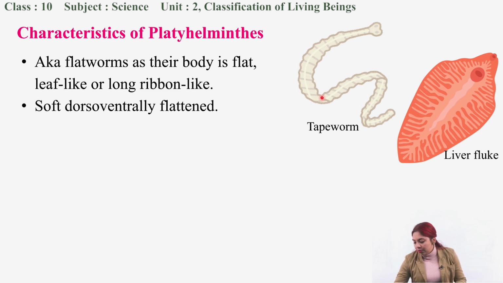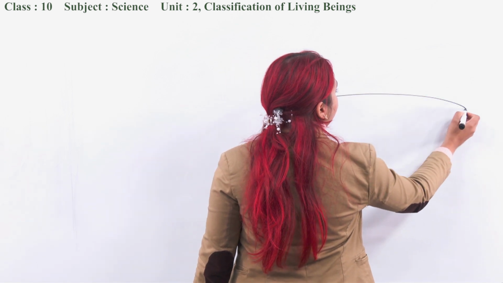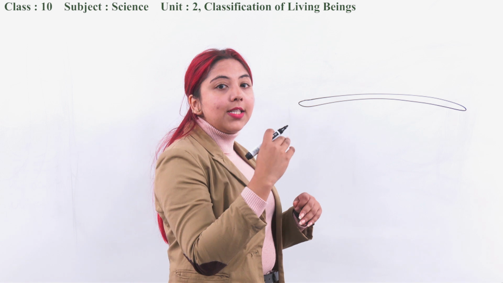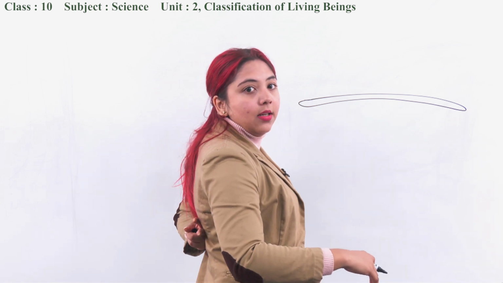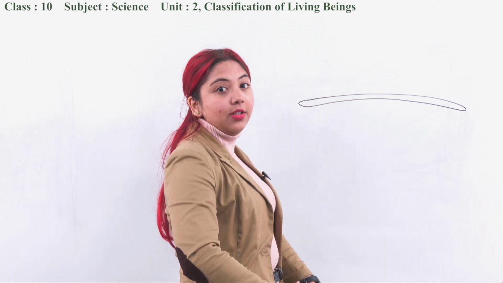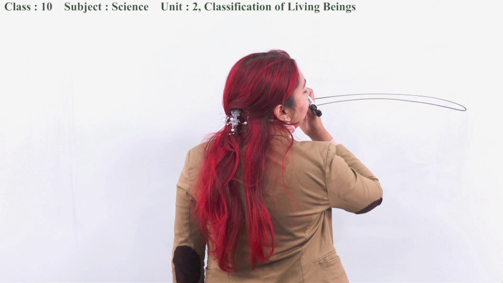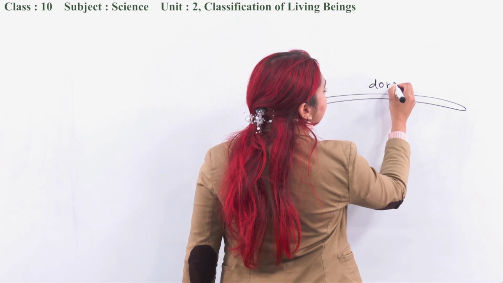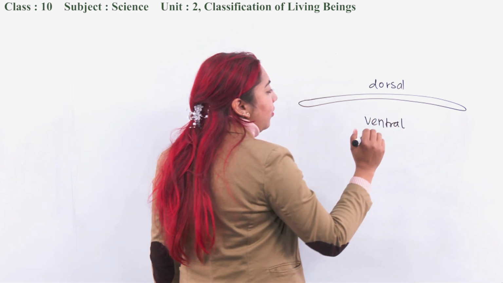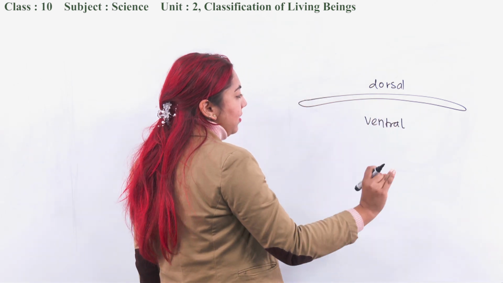So let me show you what that means. Suppose this is an organism. Now the dorsal side means the back side. If we are human beings, this is our dorsal side and this is our ventral side, the back side and the front side. So suppose this is a flatworm. Now this is the dorsal side and this is the ventral side. Now there are another two sides as well, the anterior side and the posterior side.